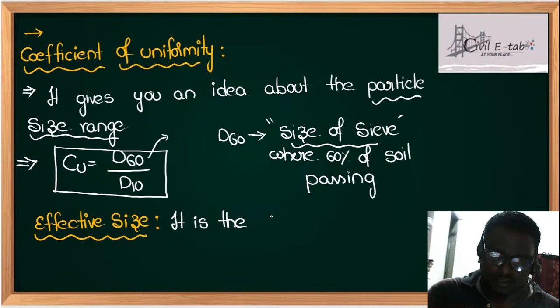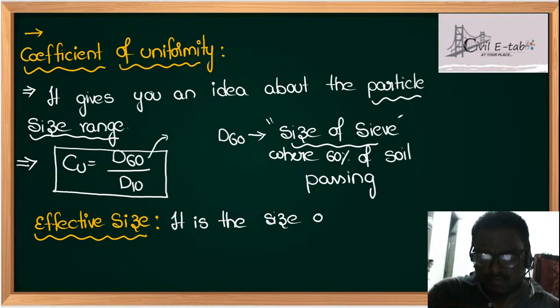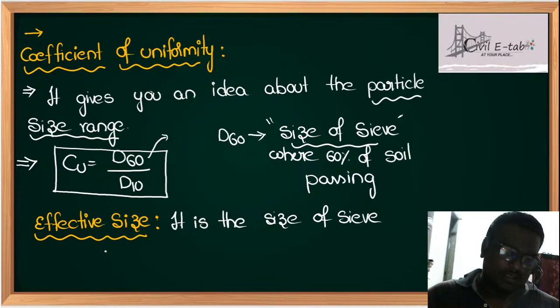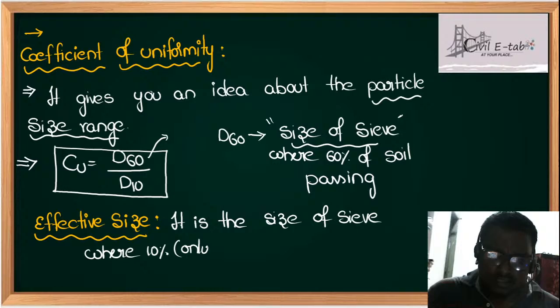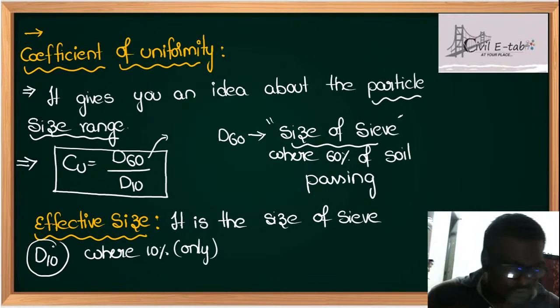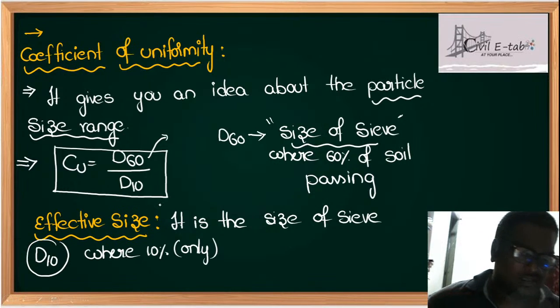where 10% of soil particles are passing, where only 10%. As I told you, if they ask about effective size, they might not give you D10 or D60.